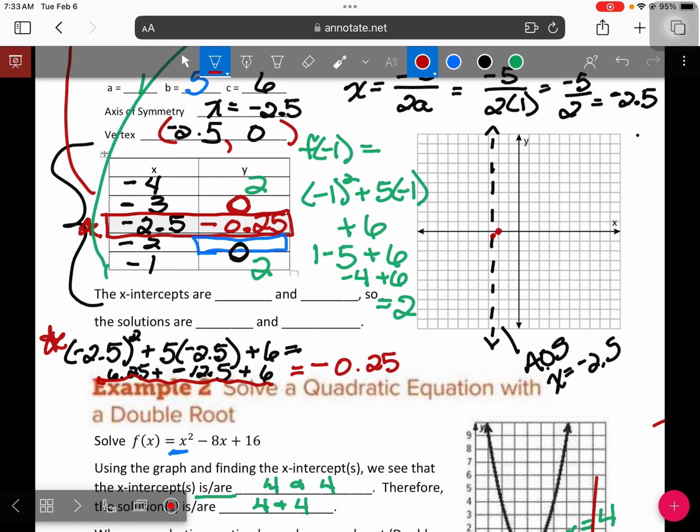That means it is right on the x-axis. And -1, 2 is putting it right there. And if I do these two here, -3, 0 is right here on the x-axis, and -4, 2 is right there. Connect with a gentle curve.